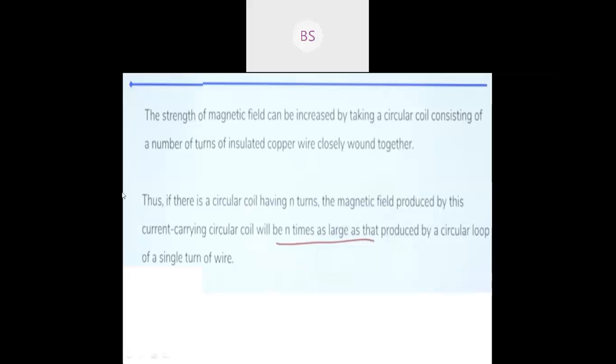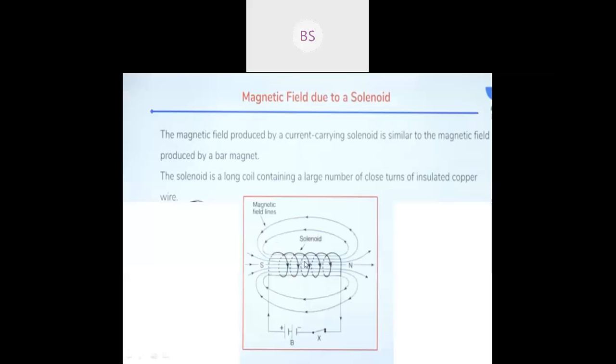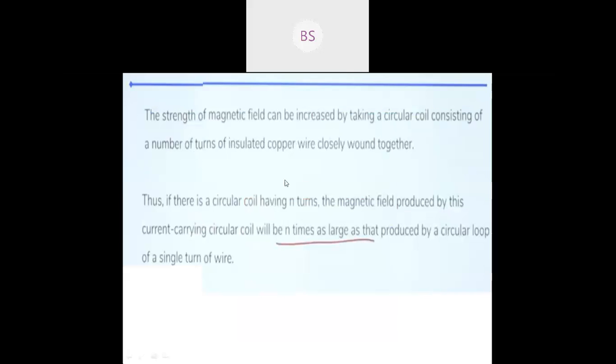Thus, if there is a circular coil having n number of turns, the magnetic field produced by this current carrying circular coil will be n times larger than that produced by a circular loop of a single turn of wire. This is about the circular loop.